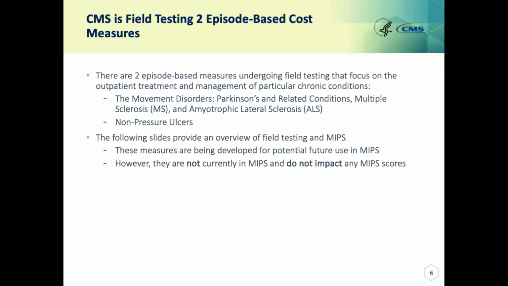I just want to stress that these measures are still in development and testing stages and are not currently in the MIPS program. They do not have any impact on MIPS scores. And so after the development process wraps up later this year, CMS may consider these measures for future use in MIPS as part of the cost performance category. Next slide, please.